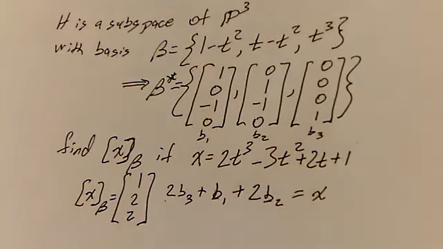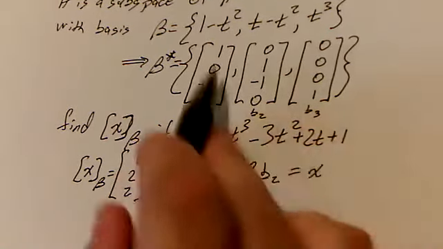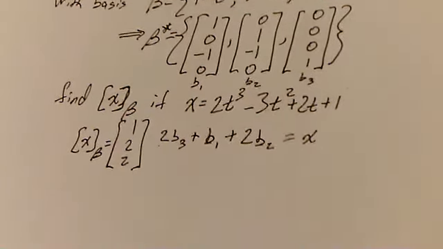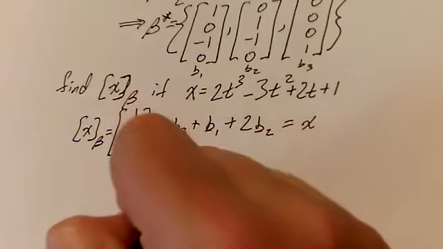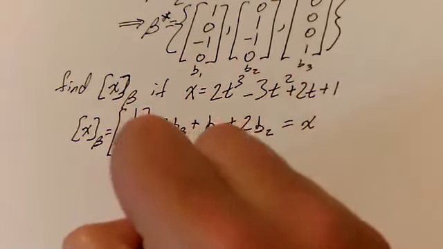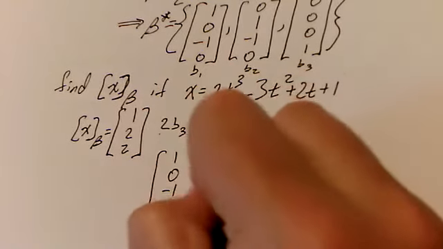But it may not be so easy to just eyeball these. So we want to use our R4, our standard basis vectors that we're familiar with, to help us find that. I've got my system here: 1, 0, negative 1, 0, 0, 1, negative 1, 0, and 0, 0, 0, 1.